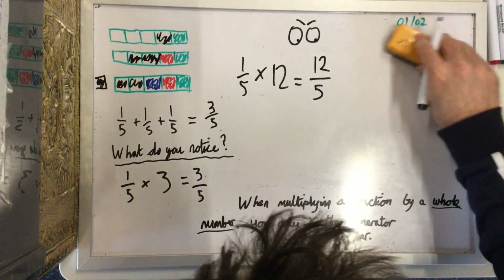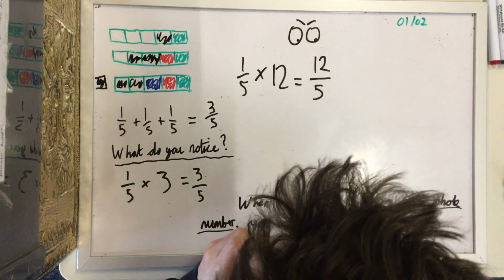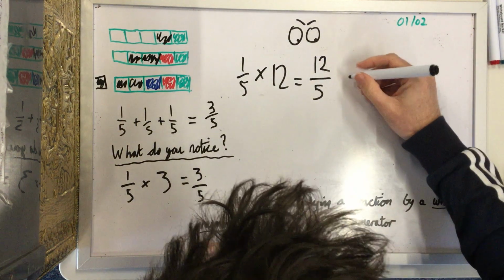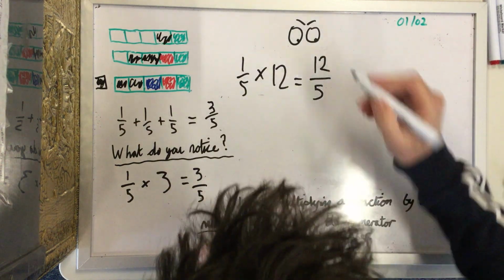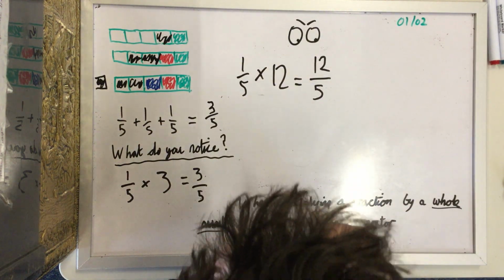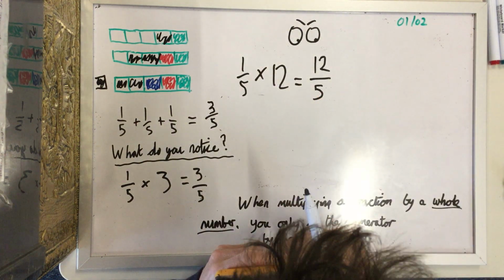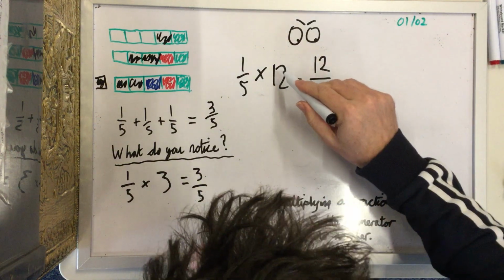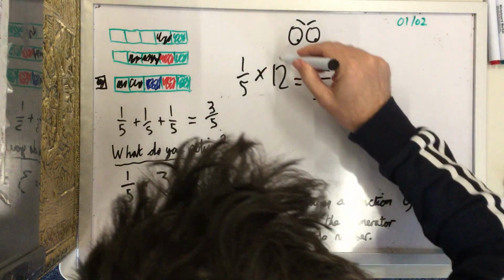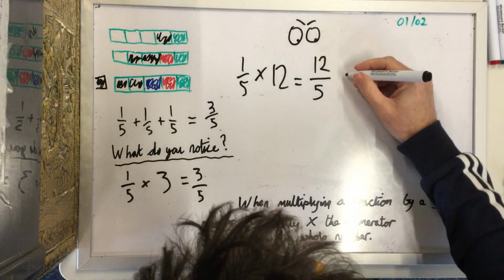And some of you from this week will already recognise that is improper, and we can convert it to a mixed number, but you don't have to. If we had to simplify we would do it, but you don't have to, because it's multiplied by a whole number, and you've not got mixed numbers in this part, but some of you might want to do that anyway.